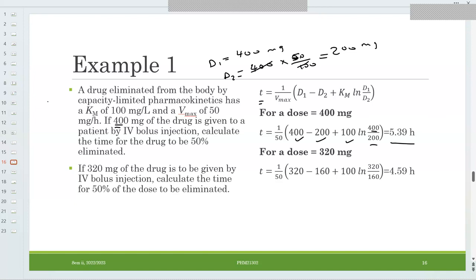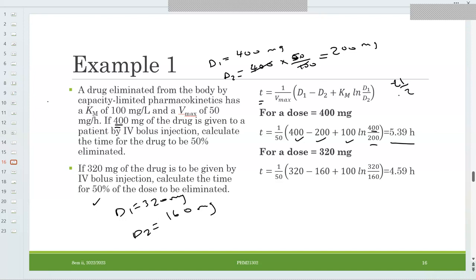So if 320 milligram of the same drug is given, I want it to decrease by 50%. This means D1 is 320, D2 is half, 160 milligram. So how much will be the time? Is it the same? If we were talking about linear pharmacokinetics, it would take the same time as one half-life, right? Half-life means to drop from a certain amount to half of this amount.